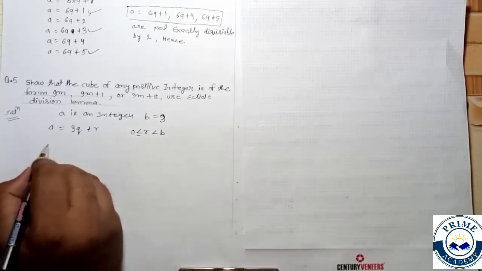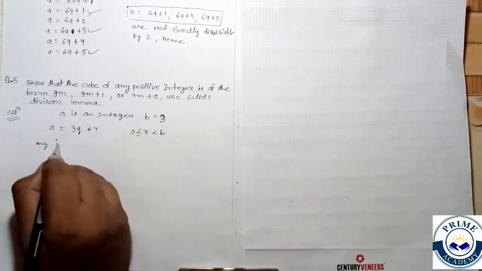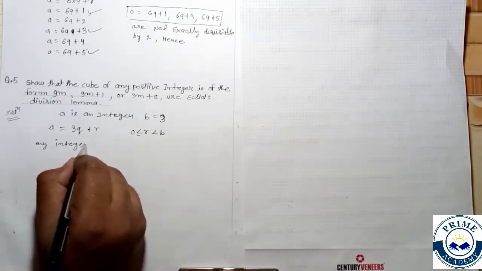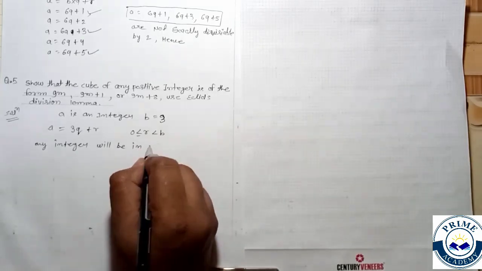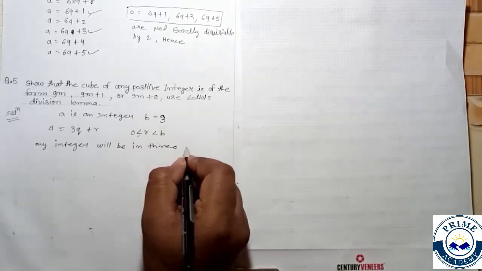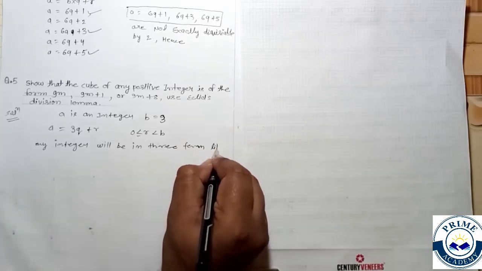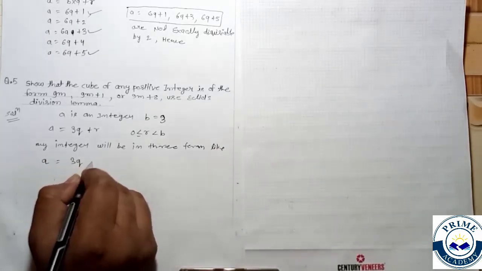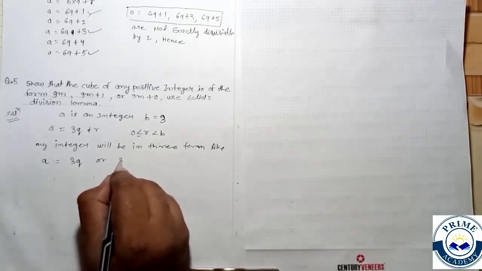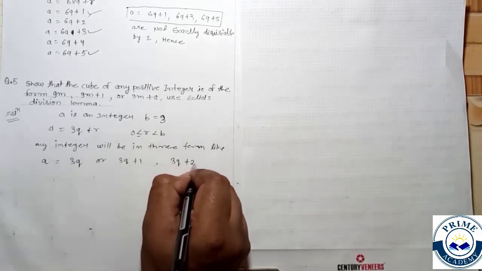So any integer will be in three forms, like a equals 3q, or 3q plus 1, or 3q plus 2, right?